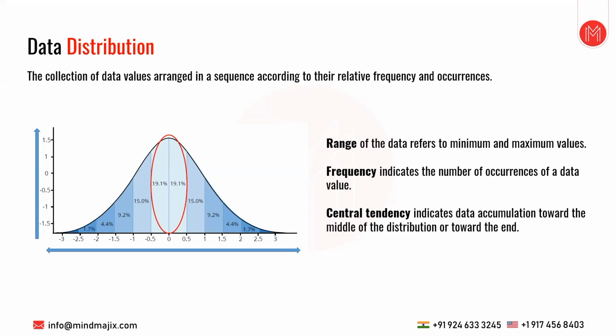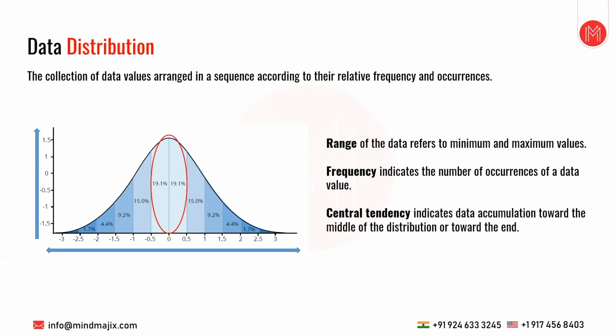Then the frequency indicates the number of occurrences of a data value, and the third is central tendency, which indicates data accumulation towards the middle of the distribution or towards the end.